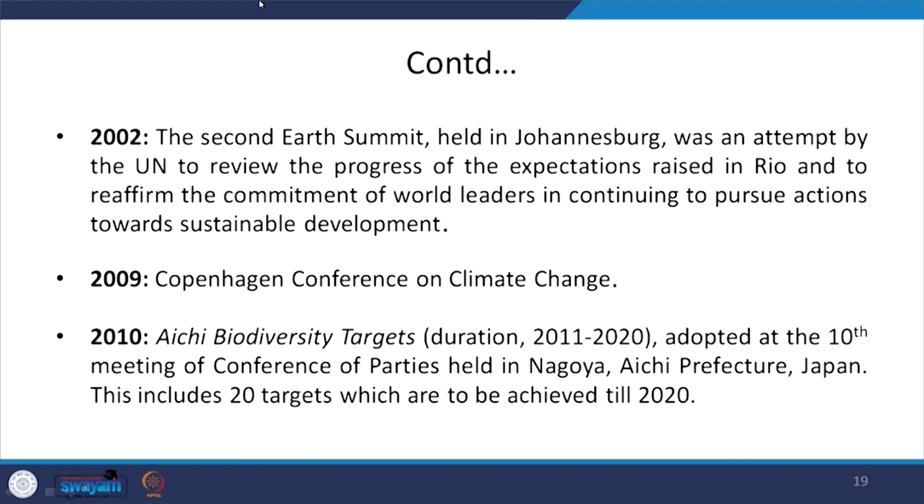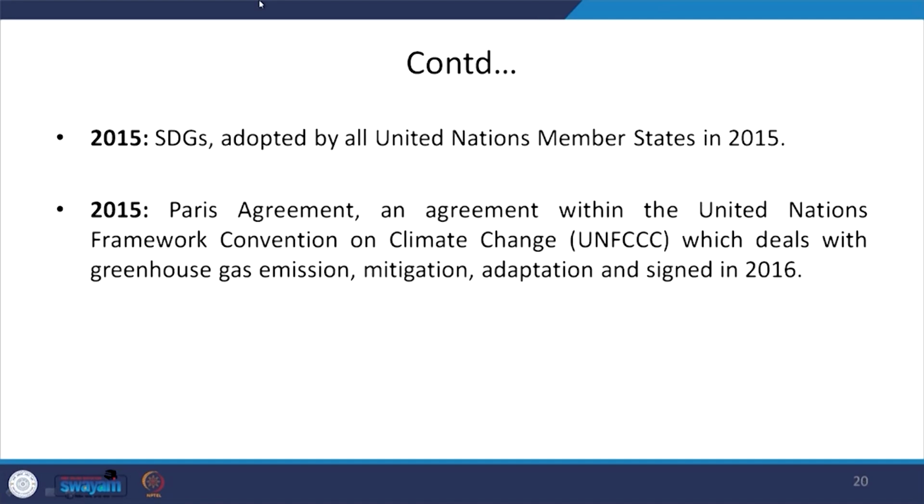and in 2010 the Aichi biodiversity targets were set for the next decade, 2011 to 2020, and finally in 2015 the Sustainable Development Goals were adopted by the United Nations member countries, and the target is to achieve these goals by 2030.